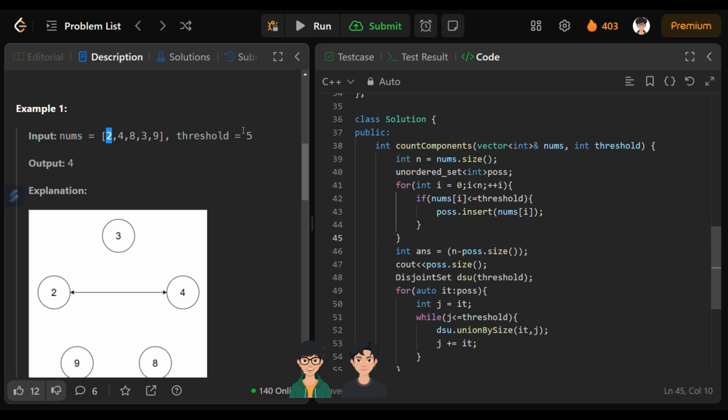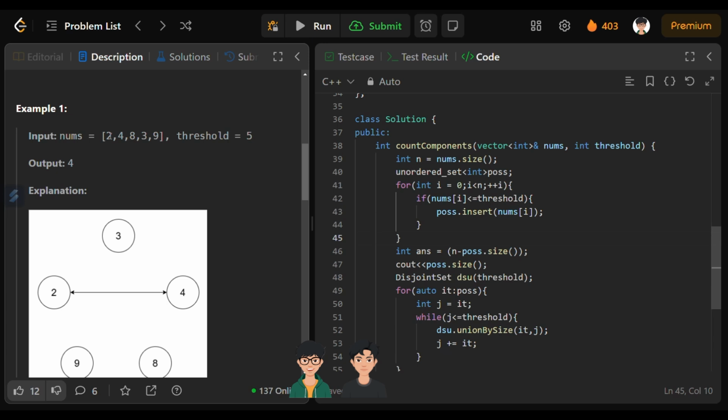Why under the threshold? Because it makes no sense taking beyond the threshold, as it will not be a possible LCM candidate. So the multiples will be 2, 4, till 4 here, because the threshold is 5. We cannot take 6.